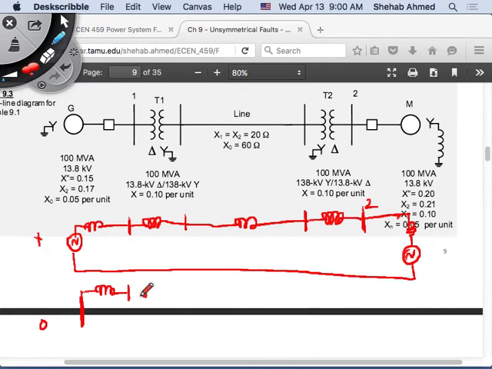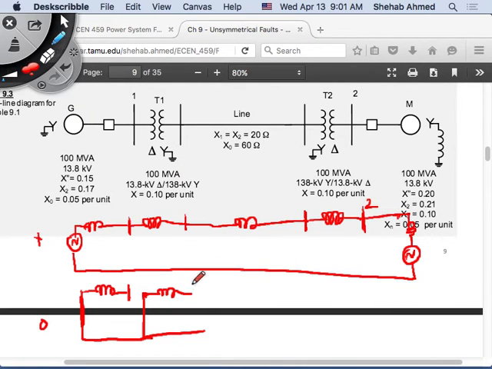How about on my star side? You have the impedance and a short circuit like this, right? From the sheet, from the ones. Because they gave you no delta to star, just look at it the other way.